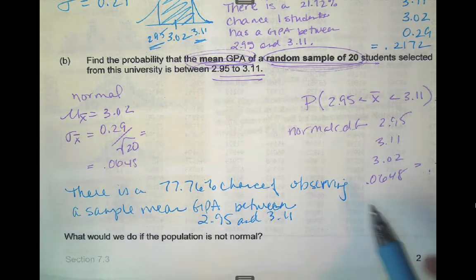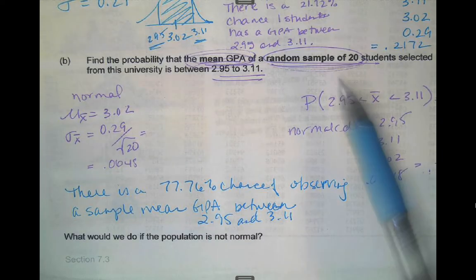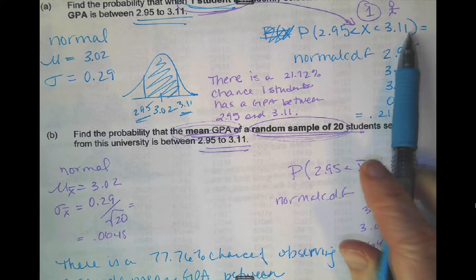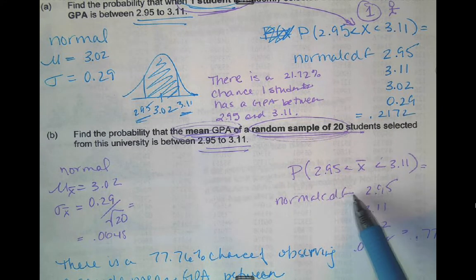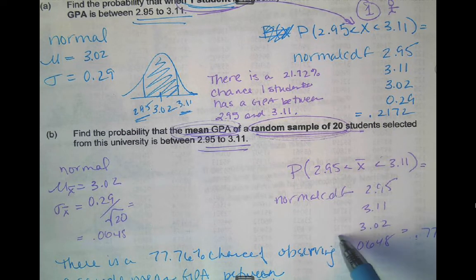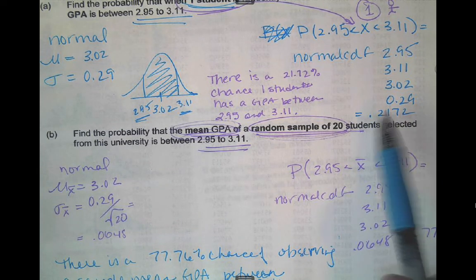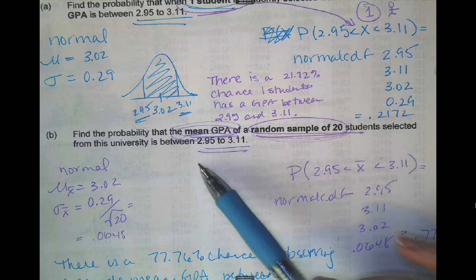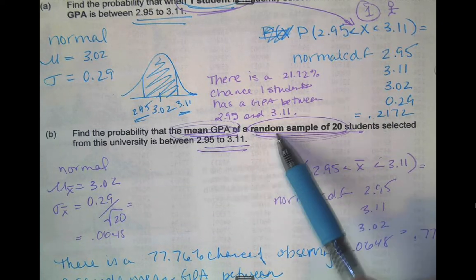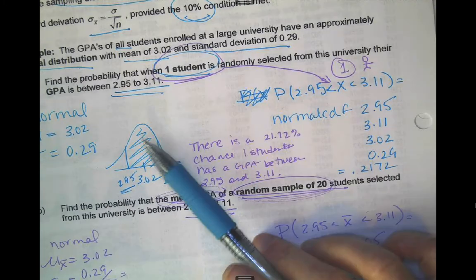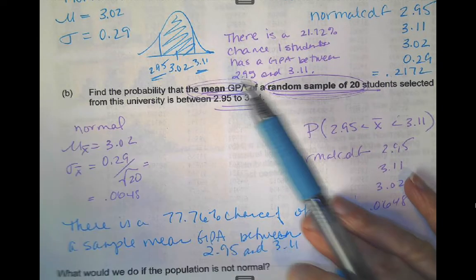So it is much more likely that I'm going to observe a sample mean between those numbers than I am going to observe one kid. This is a much narrower distribution than the original distribution was. If I take a sample, it's much more likely that the mean is going to be in those values than one kid's going to be between those values.